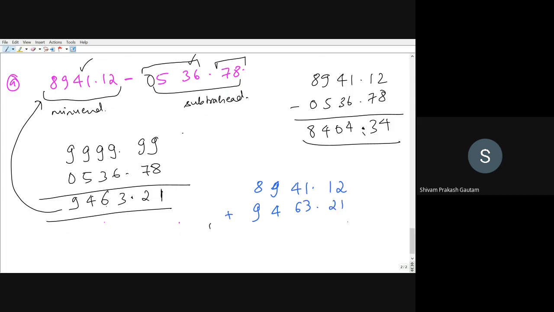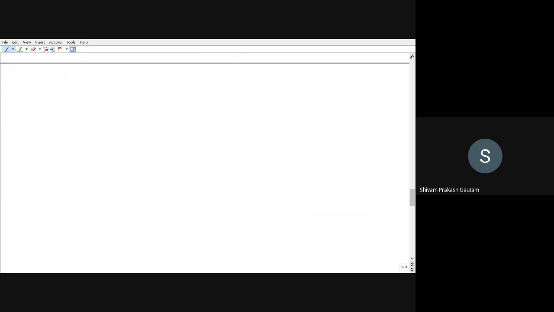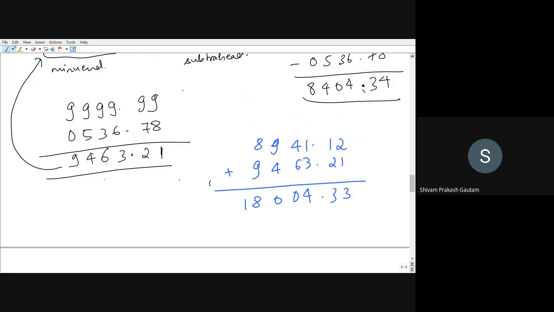You have to add both of them. So this will be equal to 3.400, and 9 plus 9, that means 18. So you can see there is a carry. A carry is being generated.